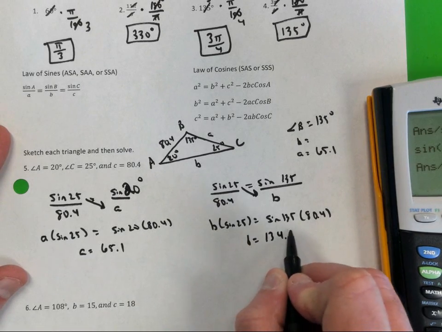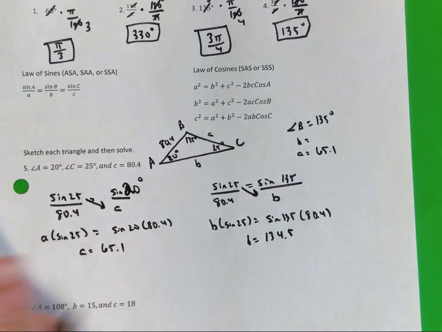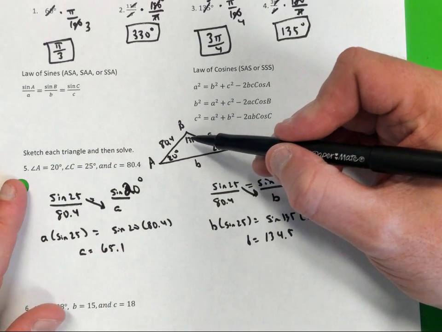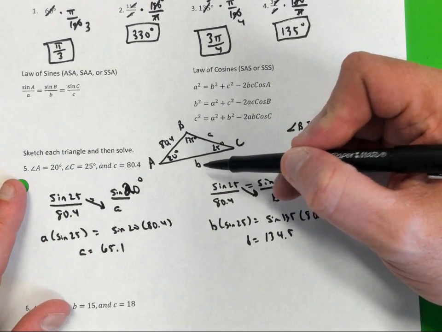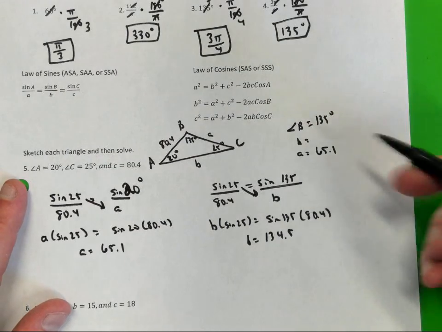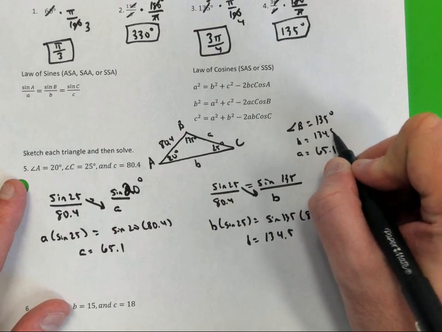And I get 134.5. That makes sense because that is the largest angle, and the side across from it should be the largest side, and that is. So that's 134.5.